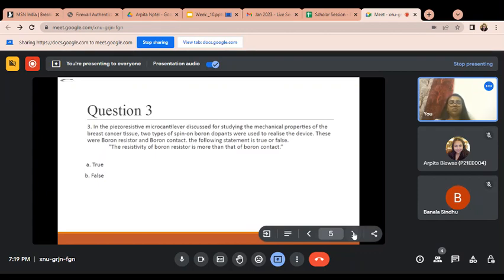If you discuss why they are using the boron resistor and boron contact, the statement is that the resistivity of boron resistor is more than boron contact or not. You can go through the question carefully and take your time, then try to give the answer.